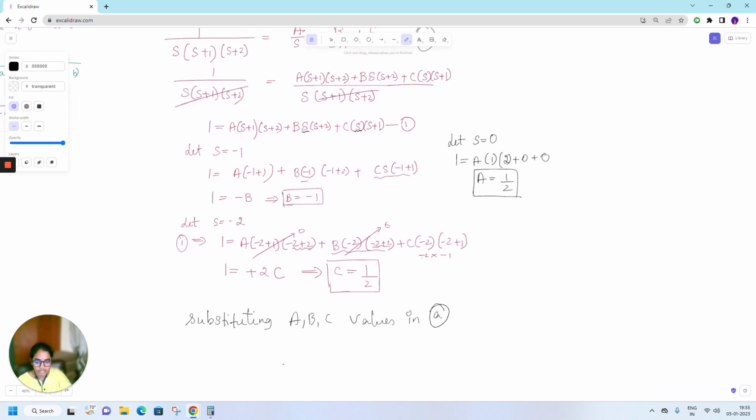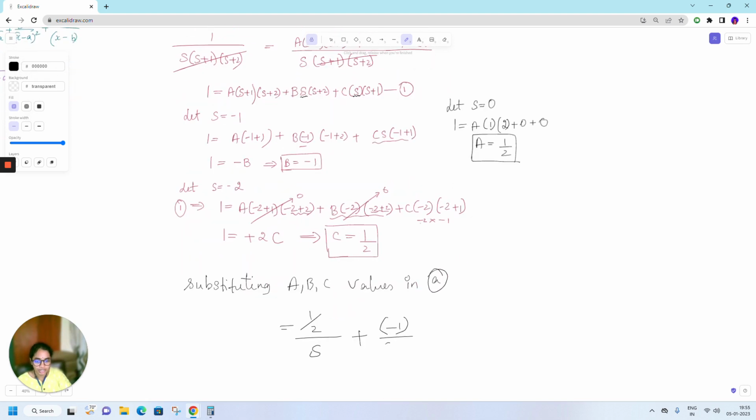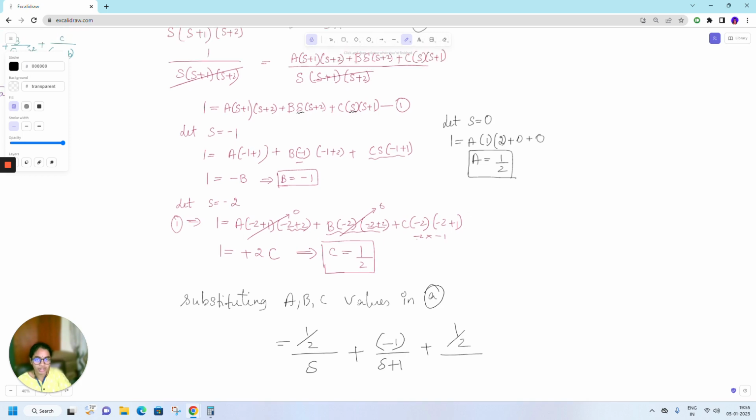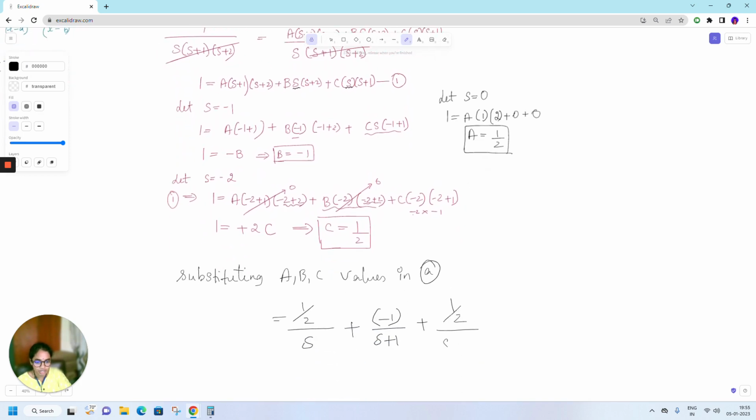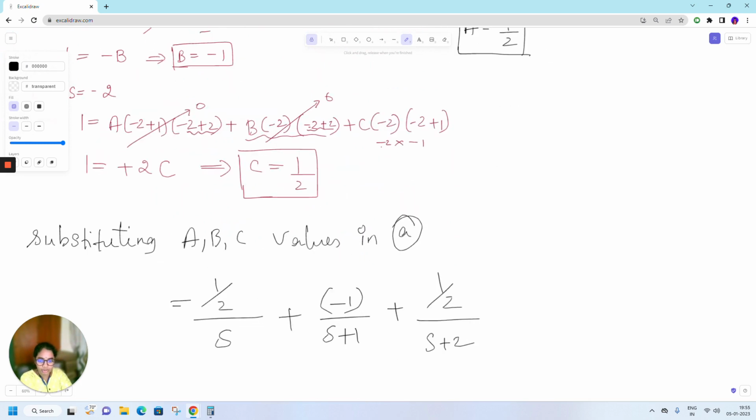So what is A value? A value is half divided by S plus, what is B value? Minus 1 divided by S plus 1. C value is half divided by S plus 2. Yes, now what should we do?